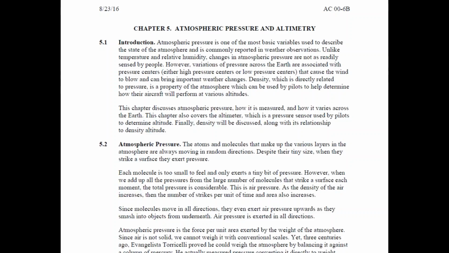If our standard atmosphere temperature at sea level is supposed to be 15 degrees Celsius, then somebody might ask you, what is our ISA in St. George? It's obviously not sea level here, so we have to adjust for what it's supposed to be.